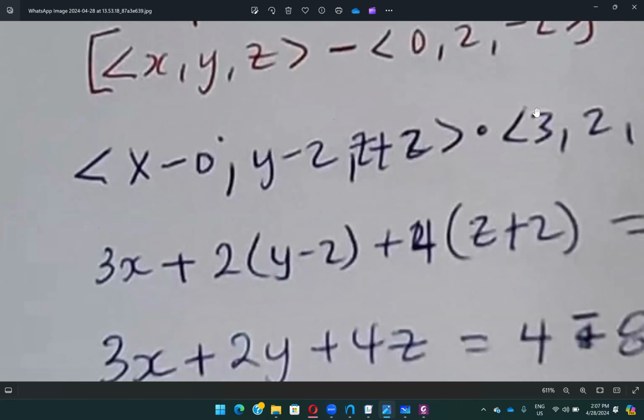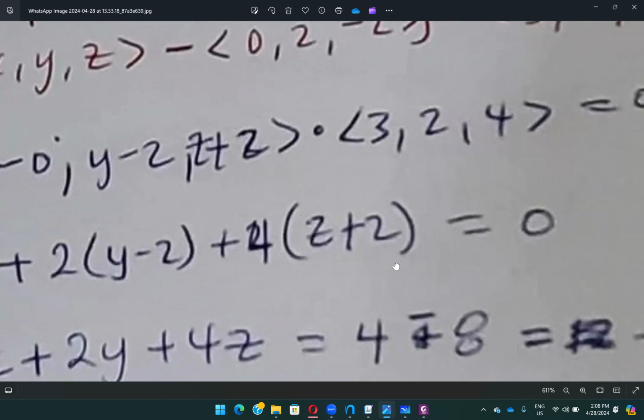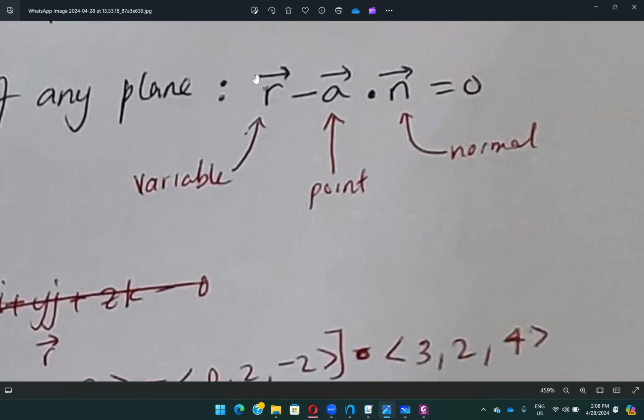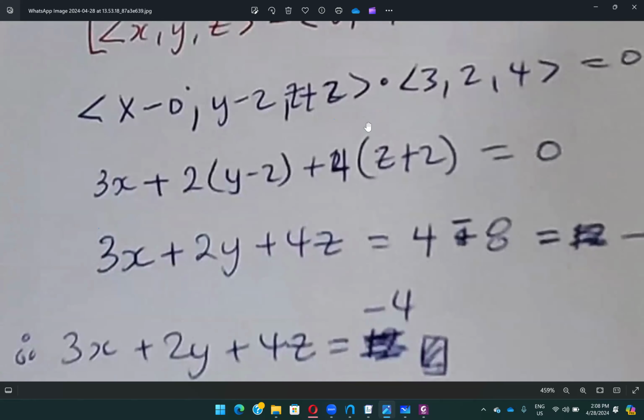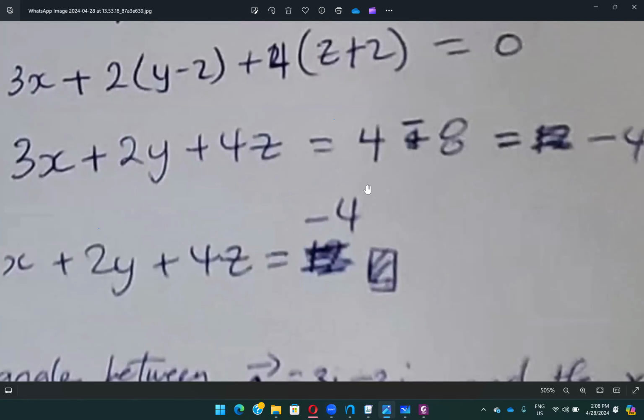So it becomes 3 times x minus 0 added to 2 times y minus 2, and then add to that 4 times z plus 2, and that's still equal to 0. Because remember up here in the equation, we said it's r minus a all dot product with n equals 0. We do that, we have now 3x plus 2y plus 4z is equal to -4.